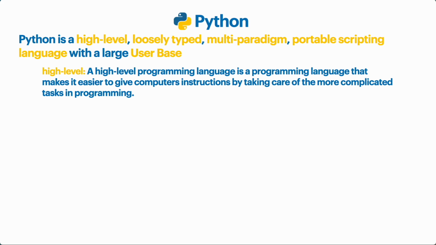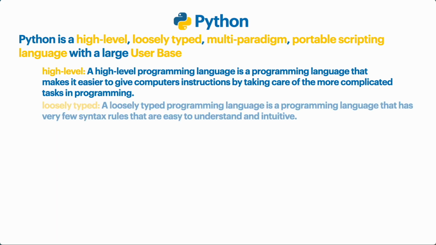We'll talk about these translators a little later in this video, but that's what a high-level programming language is. Again, the definition on the screen is a great way to describe it, but a simpler explanation would just be that high-level programming languages try to imitate natural language as much as possible.